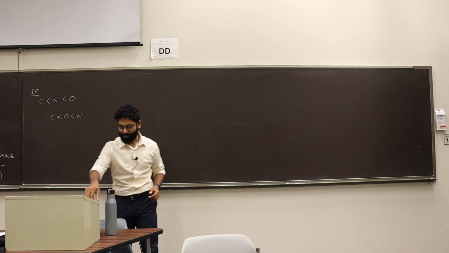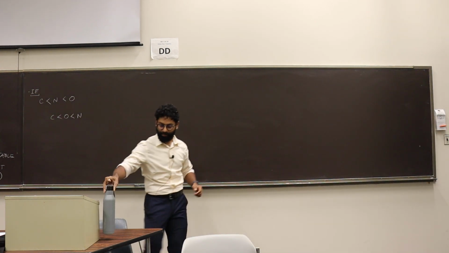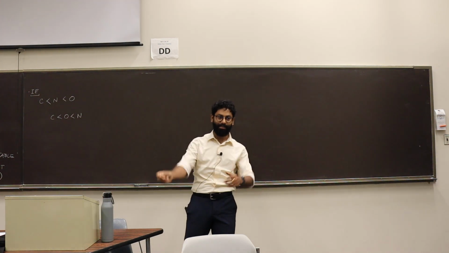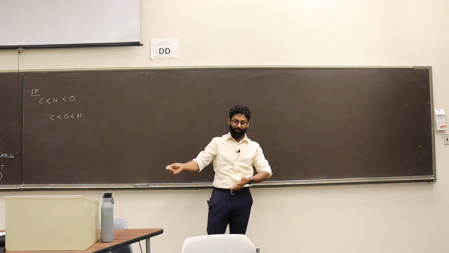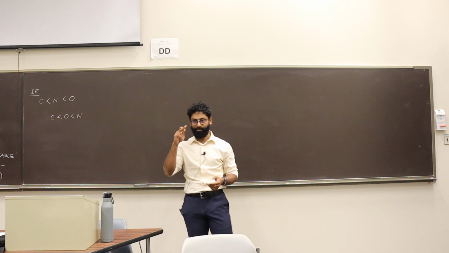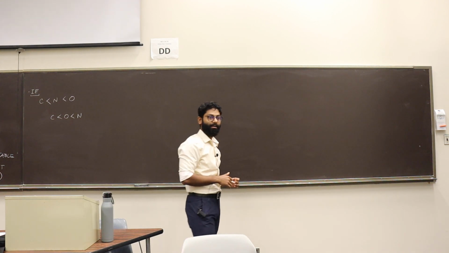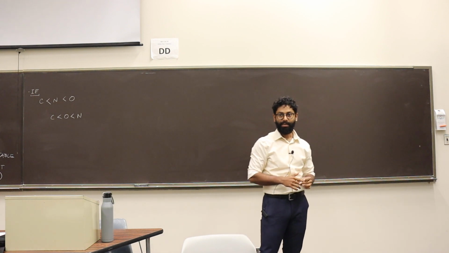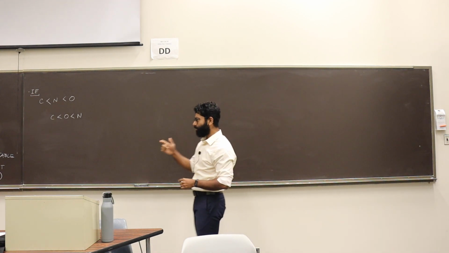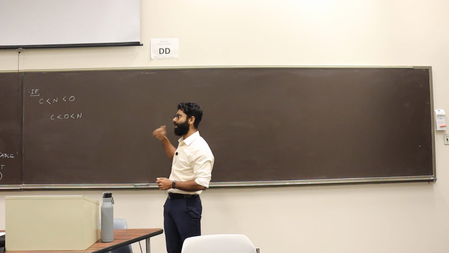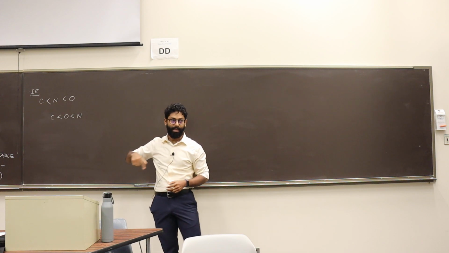Okay, in the last class we discussed ionization enthalpy, and we saw that ionization enthalpy increases from left to right in a period and decreases from top to bottom, and so does electron affinity, EA. That also increases from left to right and decreases from top to bottom.